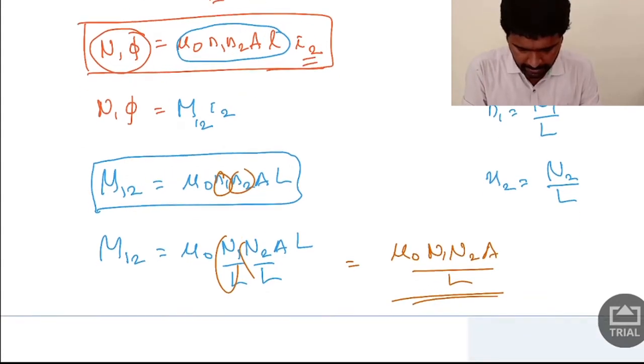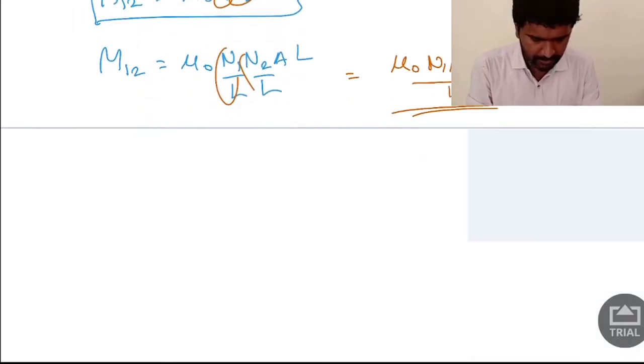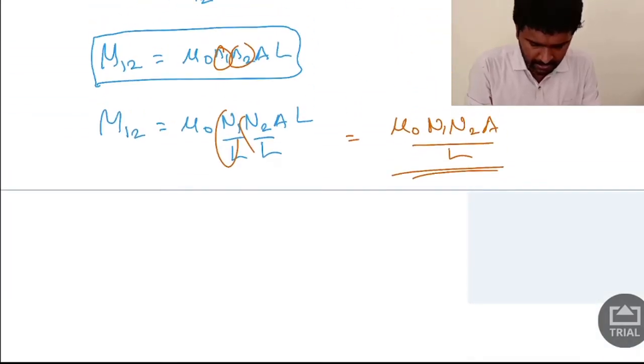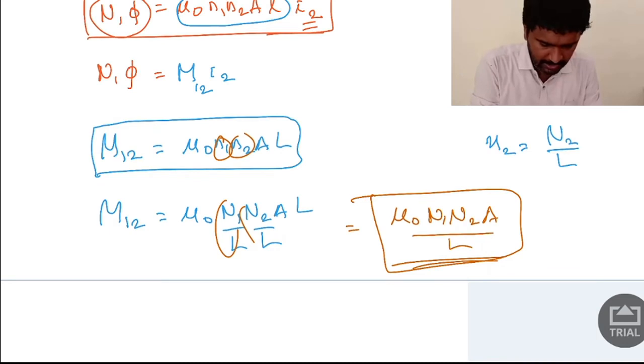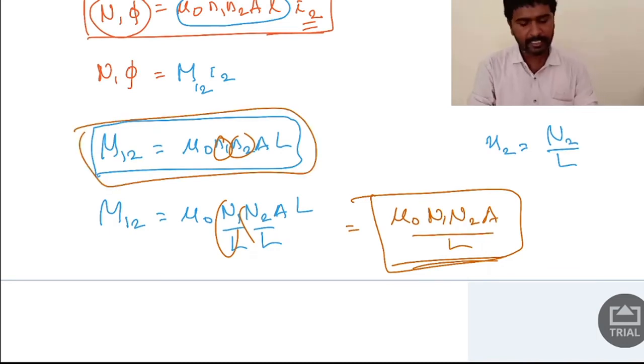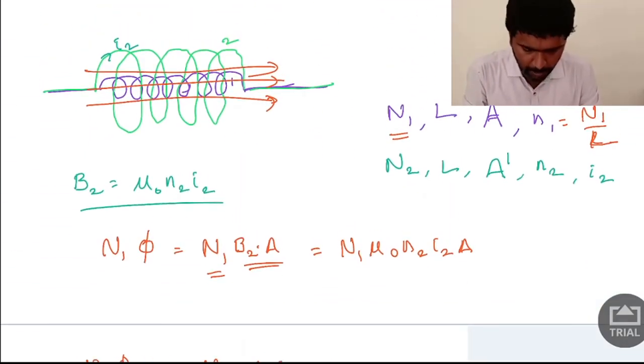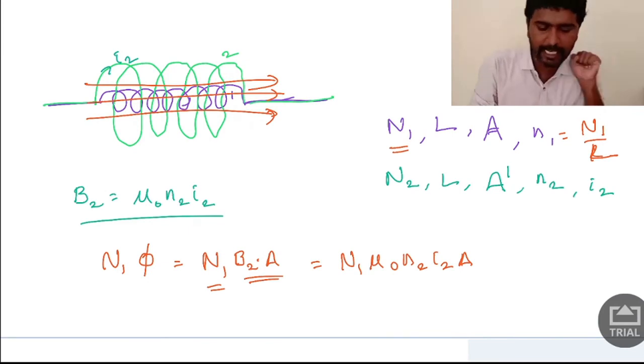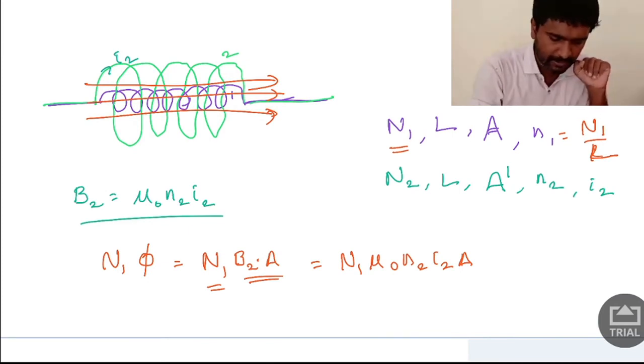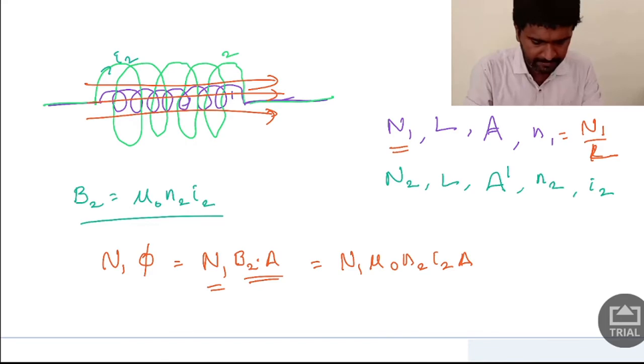Now you can write two equations here. This is one equation, and this is also a correct equation. Now let us see, in the same problem, what I will do: I will send current I1 through the first coil. Let us draw the same diagram once again.